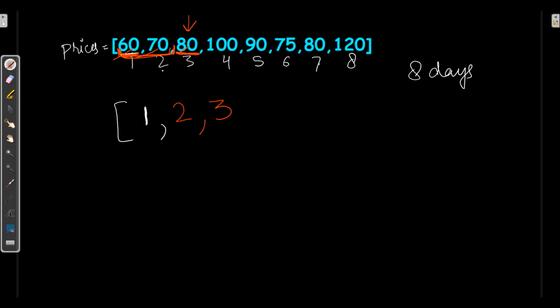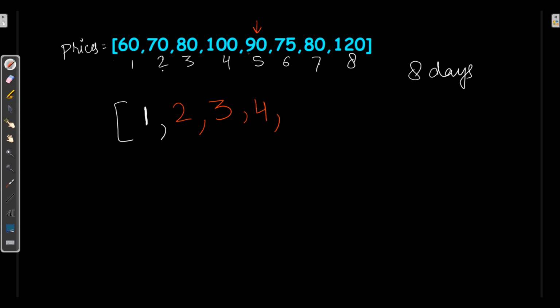Here we need to add the current day price and then the ones left to it. Then for calculating the 4th day span, the data just before the 4th day is all less than. They are in consecutive, so we will take all 1, 2, 3, 4. So here span will be 4.